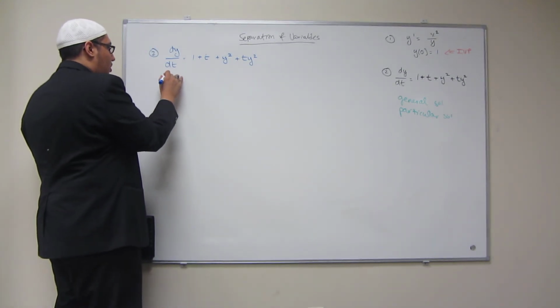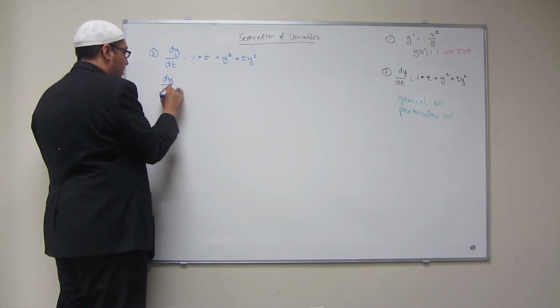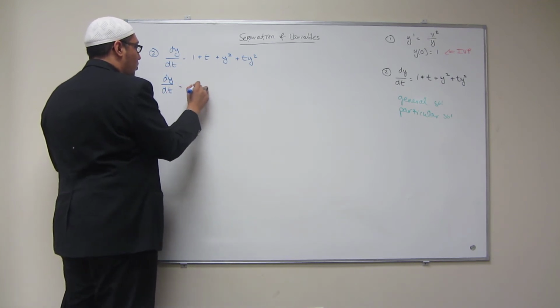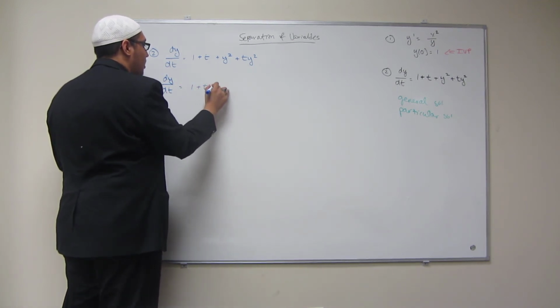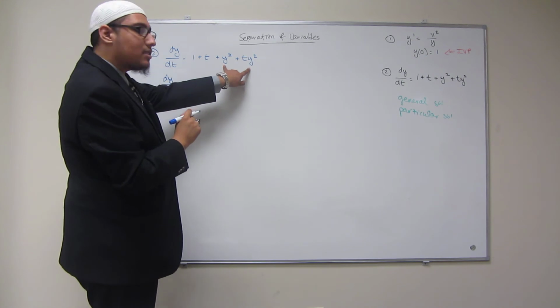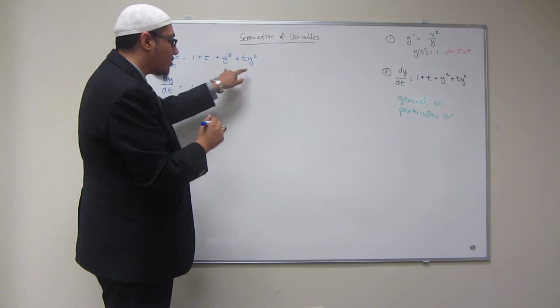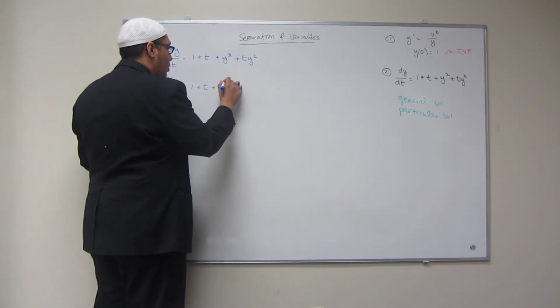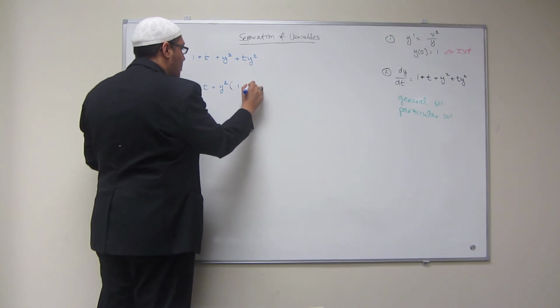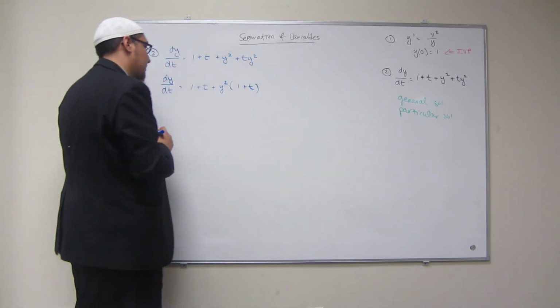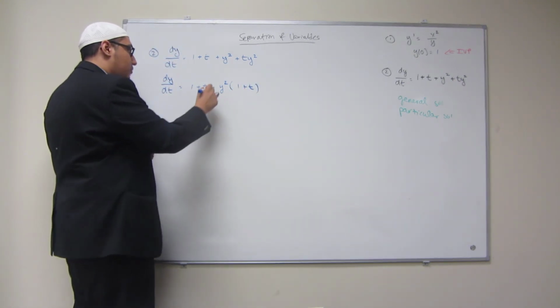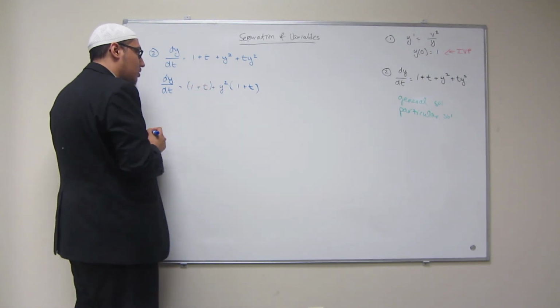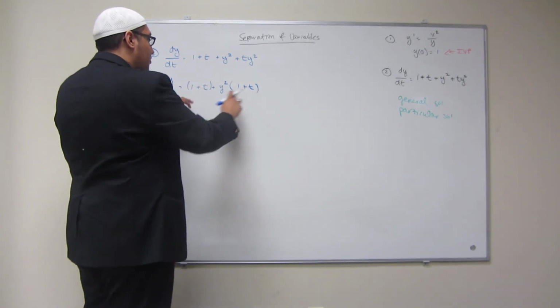So let's do a little bit of algebraic manipulation. Therefore, getting dy/dt is equal to 1 plus t plus, let's take out a greatest common factor between these two terms, y squared times 1 plus t. Now it looks like if we put this in parentheses as well, this is common between both terms.